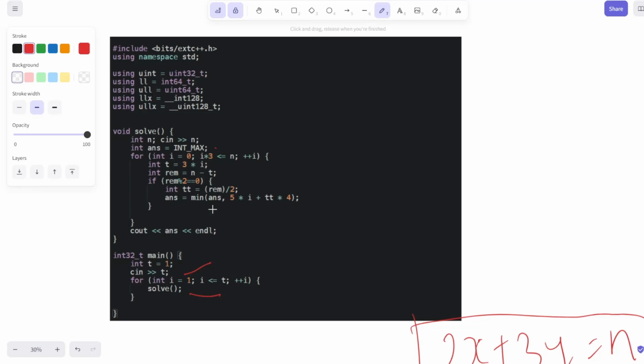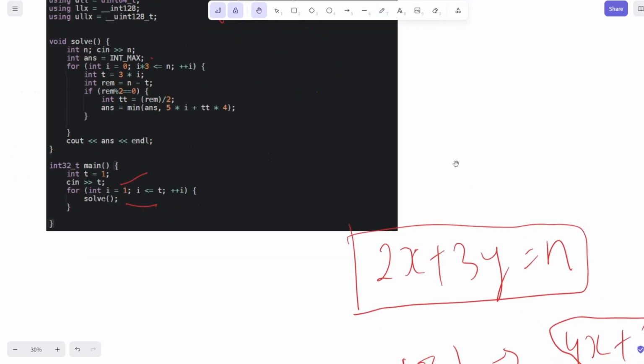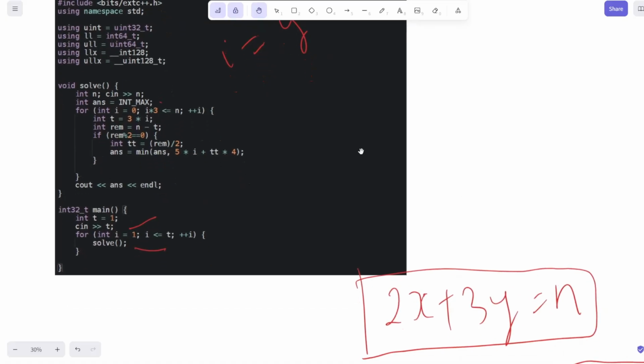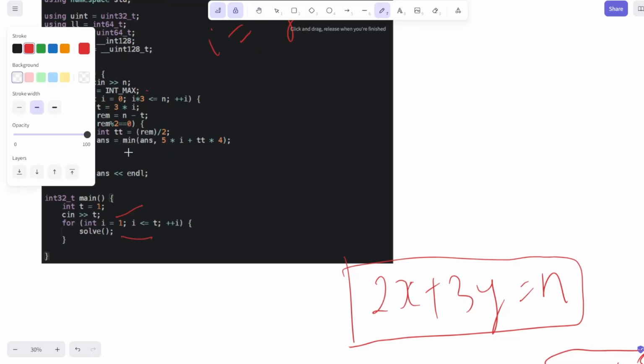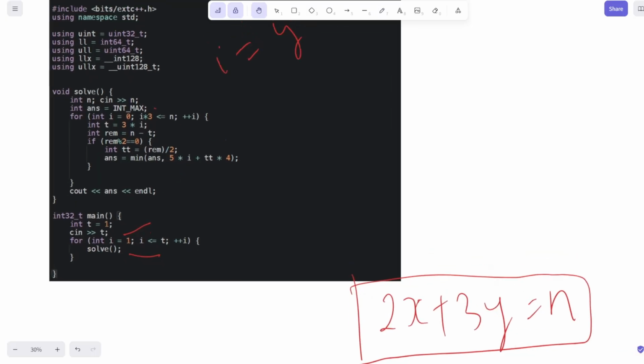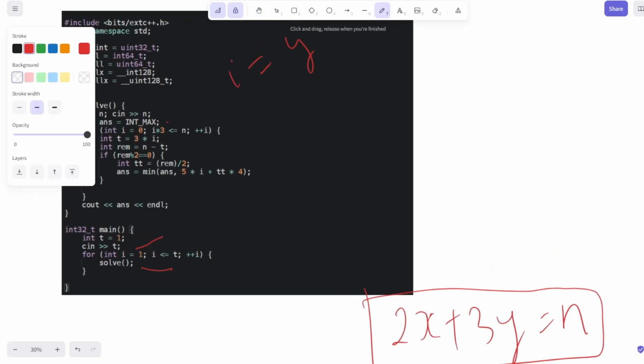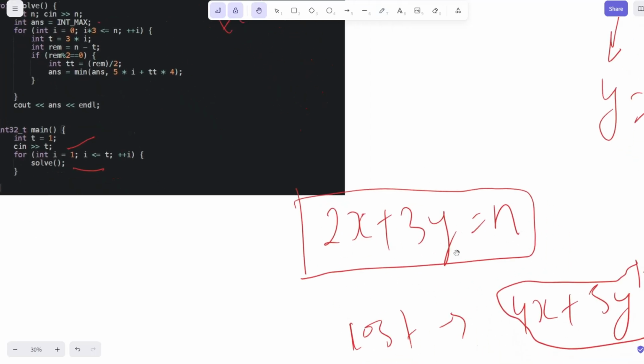Here the variable i is equivalent to y, and t is equivalent to x according to this expression.